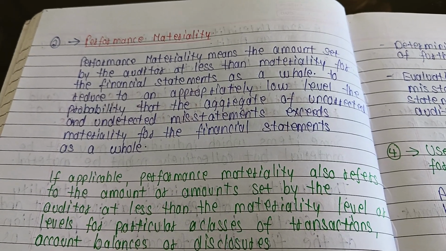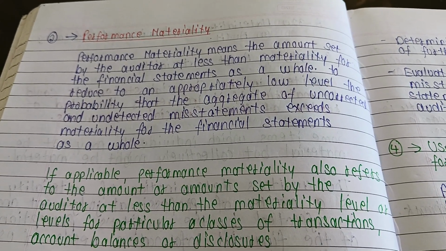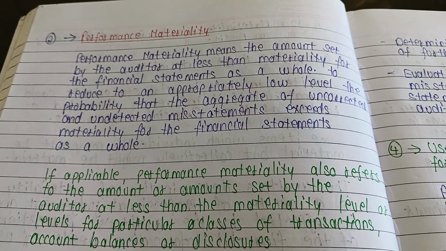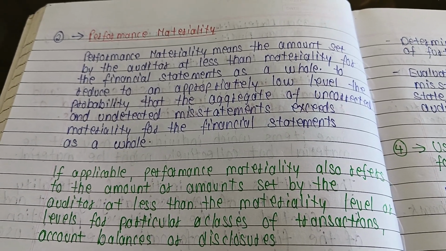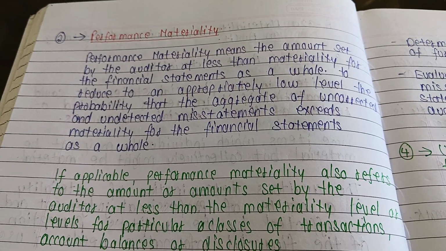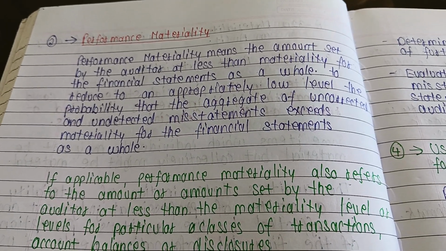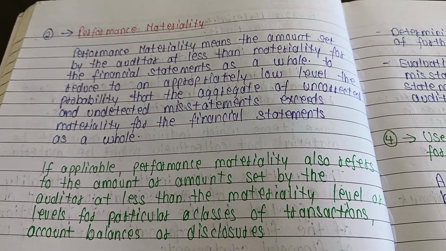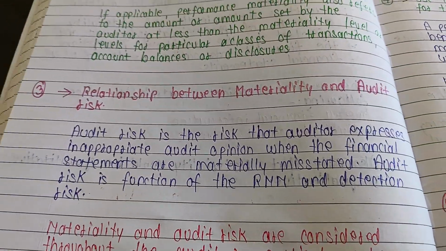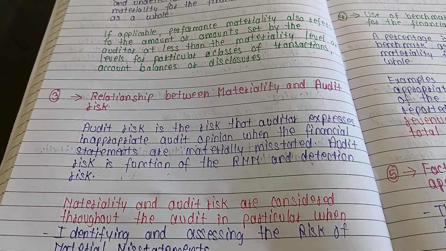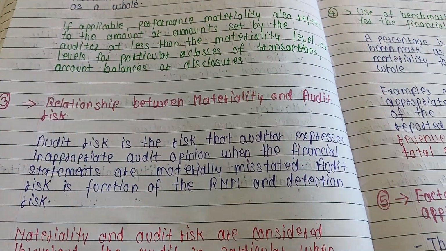This is just an example which I am saying. He may also set a different amount, so that is what we call performance materiality. Depending on the revenue or size of the organization, this performance materiality may vary, it may differ.